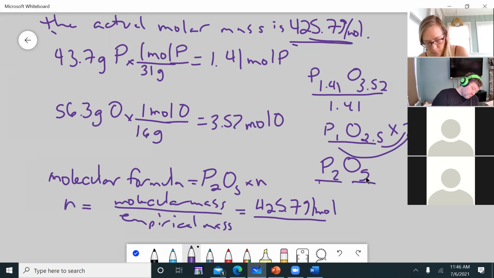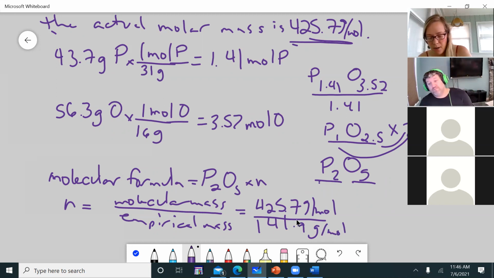So it is 141.9 grams per mole. Let's take the big number and divide it by the small number. 425.7 divided by 141.9, and we get a value of 3. You should get a whole number. If you don't, something went awry somewhere.